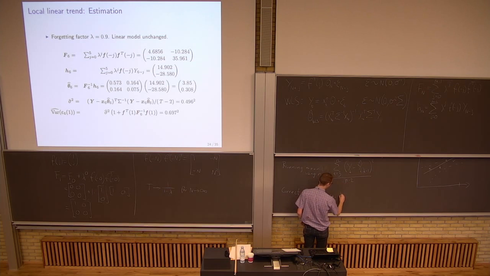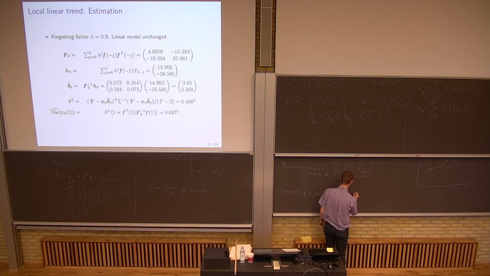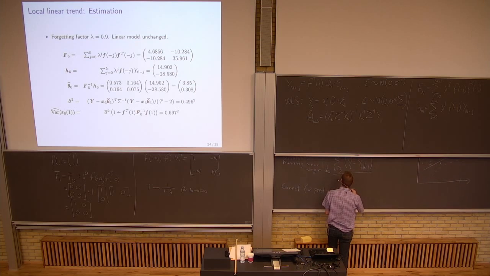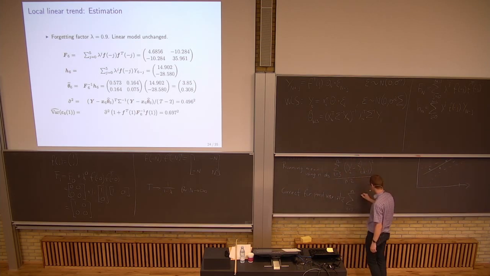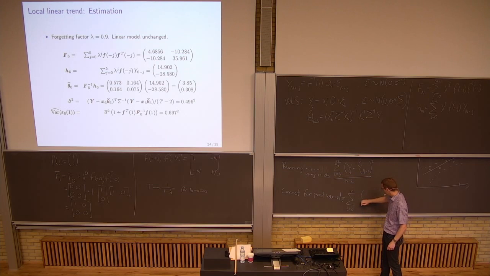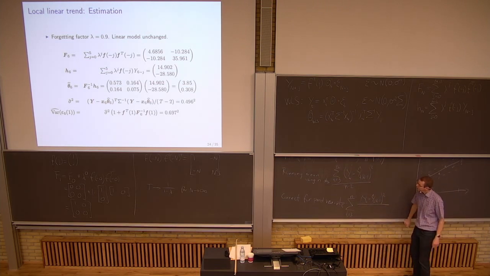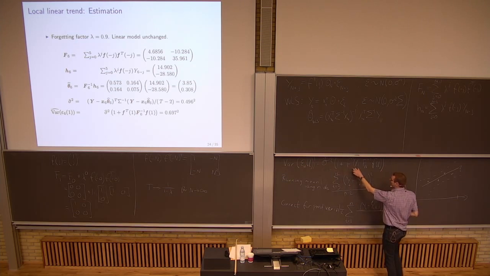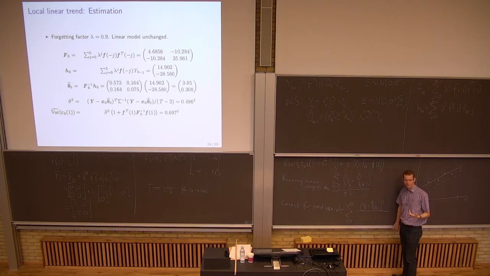I'll take the 1 divided by n minus 2 outside, and then I have the sum from t equals 3 to lowercase n, and then I have the same y_t minus y hat t given t minus 1, squared, but then at each point in time I have to divide by this, and this will become a scalar number.